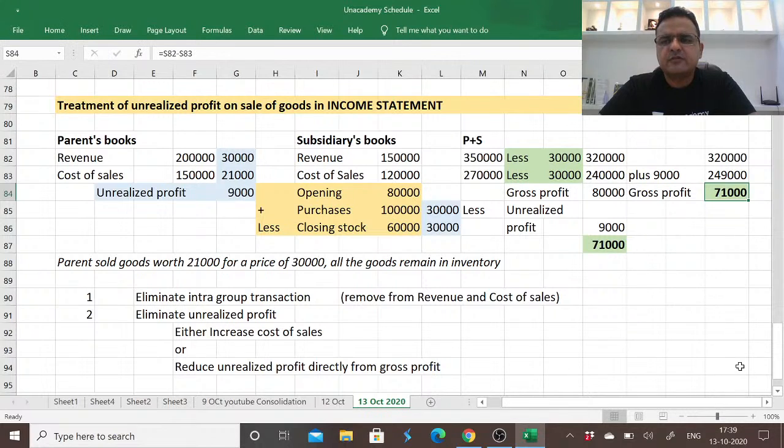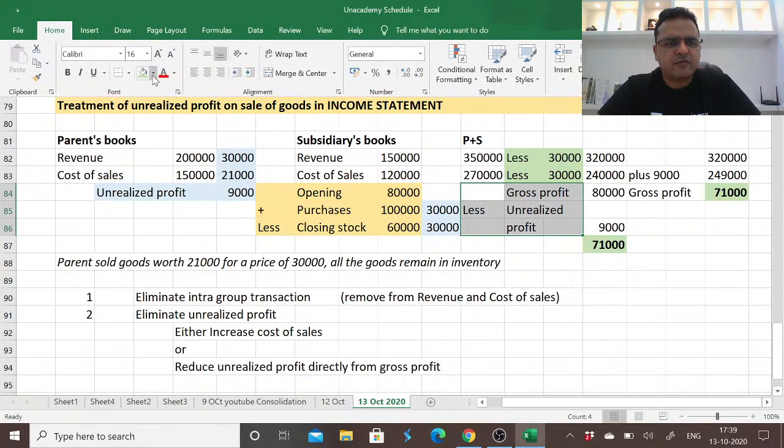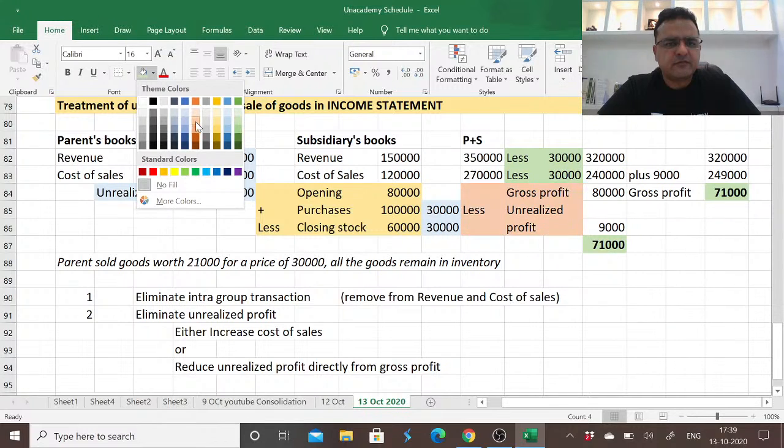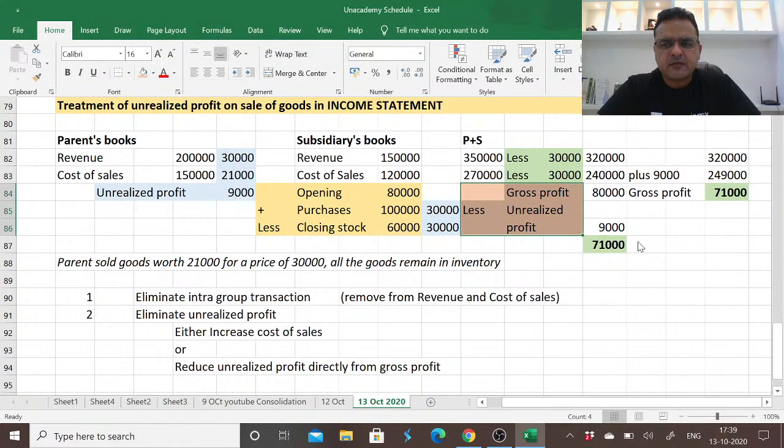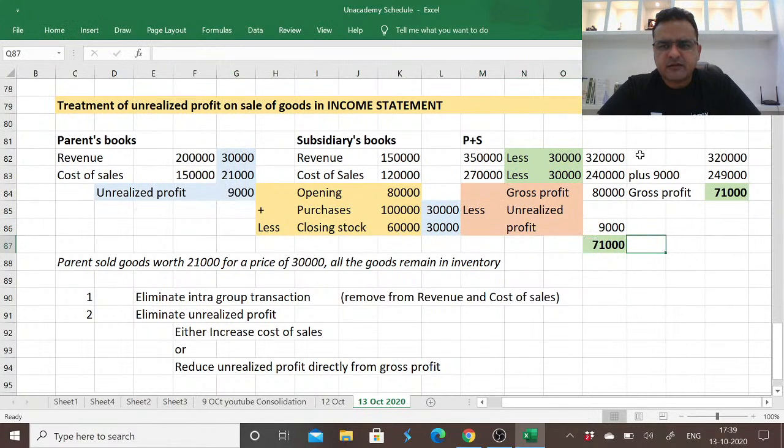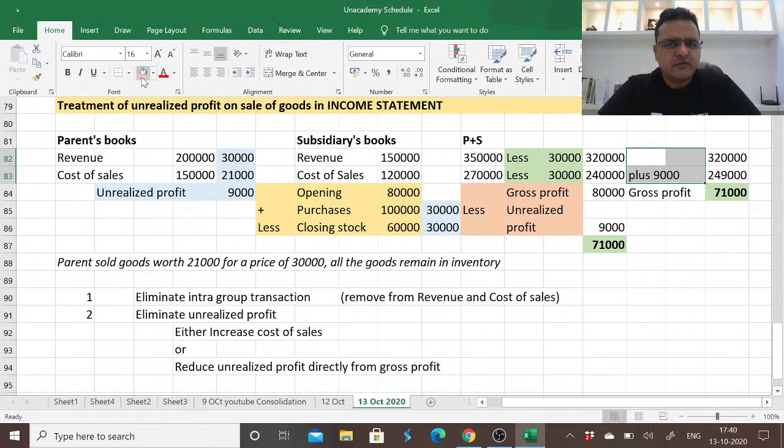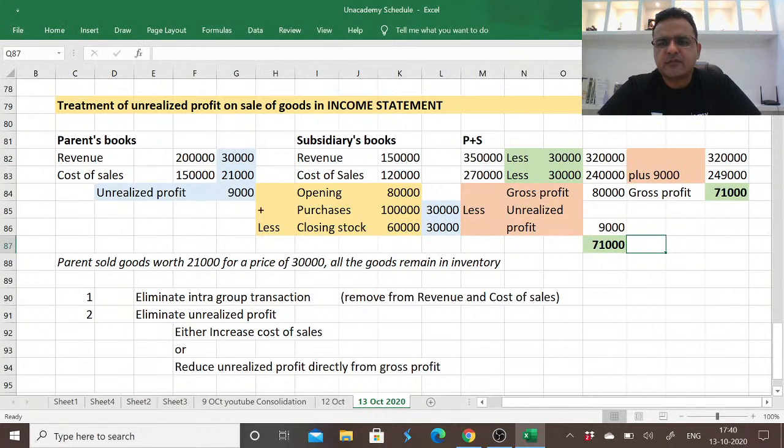So do not do both. Either remove directly, this is removing directly from gross profit, and this is adding as part of cost of sales. Use either of the two. Either do this or do this.